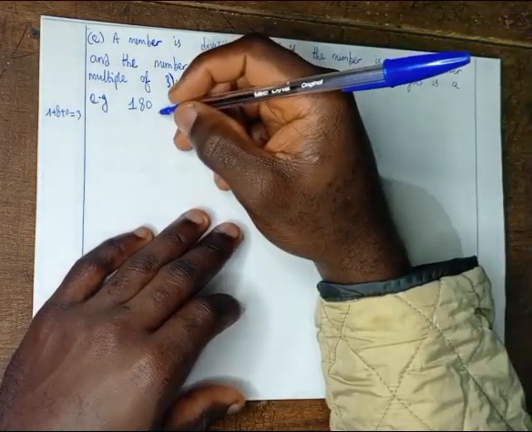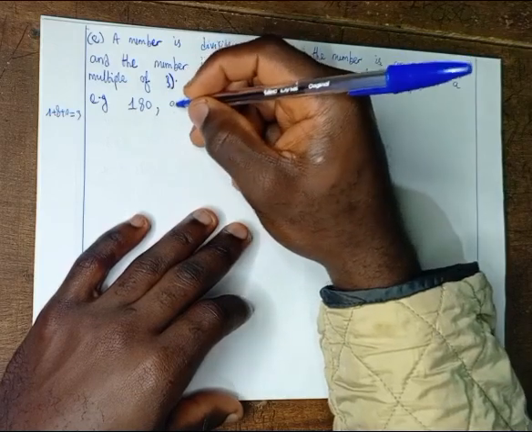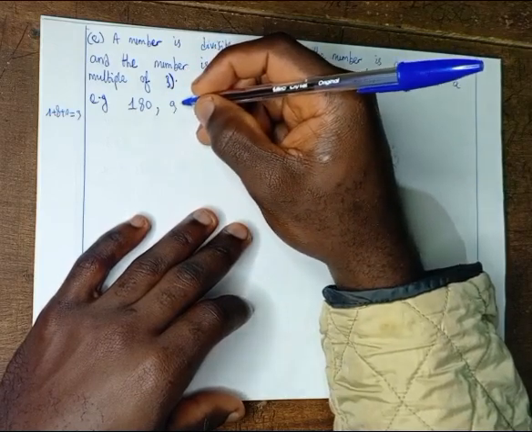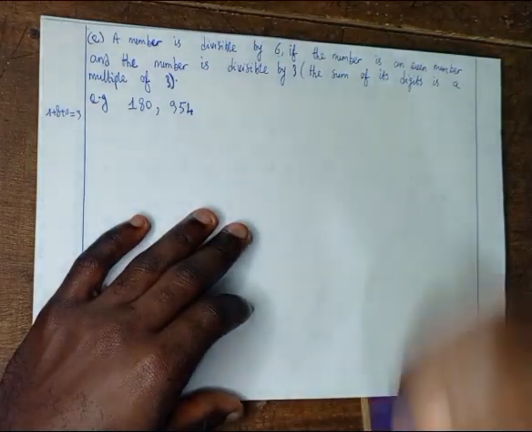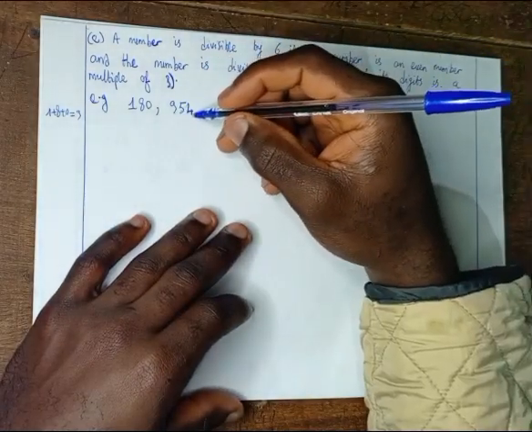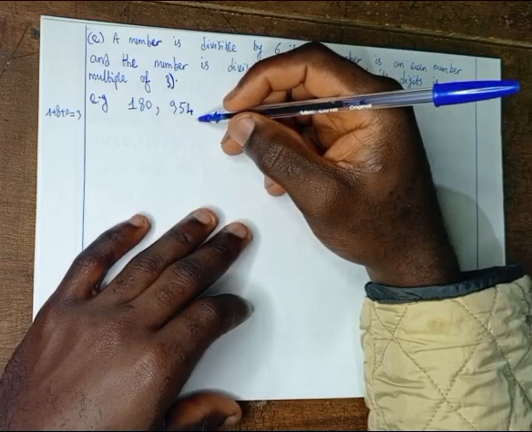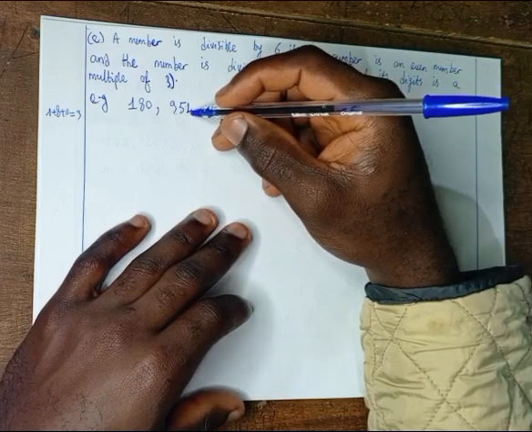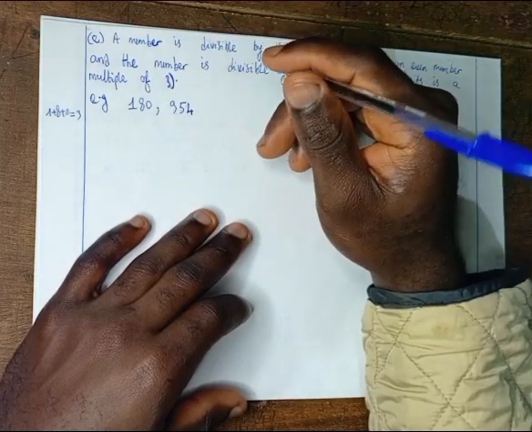We take the next number, take the number 954. This is an even number. The last digit of this number is even. Next, now we need to check if we sum the digits of this number, it is a multiple of 3.